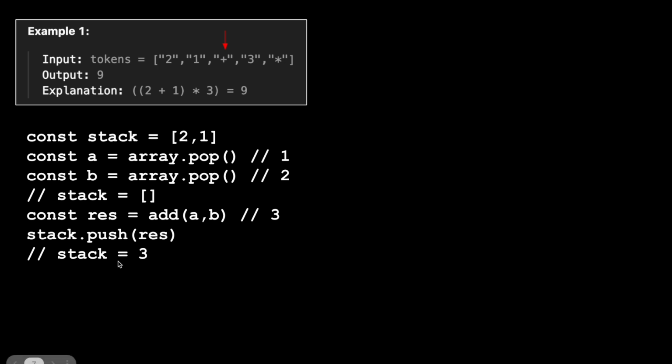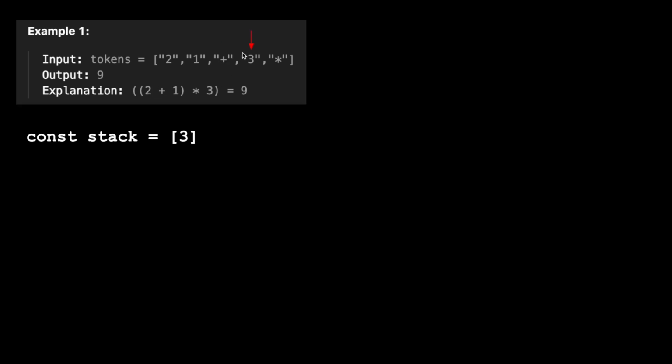So at the moment our stack is going to have, that's a mistake right here, it's going to be a value of 3 inside the stack, right? So what we've done essentially is this first portion right here, 2 plus 1 in the first bracket, we've evaluated, and that equals 3. So then we move on to the next element. Our stack only has a value 3, and we see 3, so we push that into the stack.